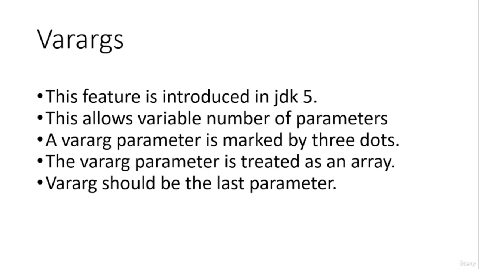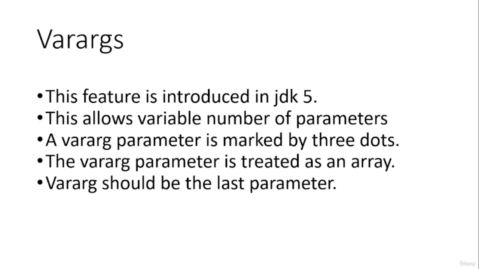If we need a function with, for example, 10 parameters, that can be reduced to a single variable argument parameter. So to avoid long method parameter lists, we can also use the variable argument parameter.